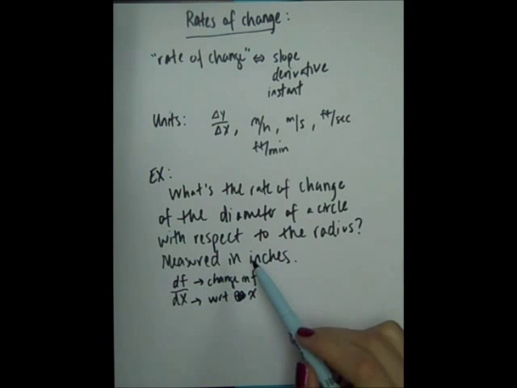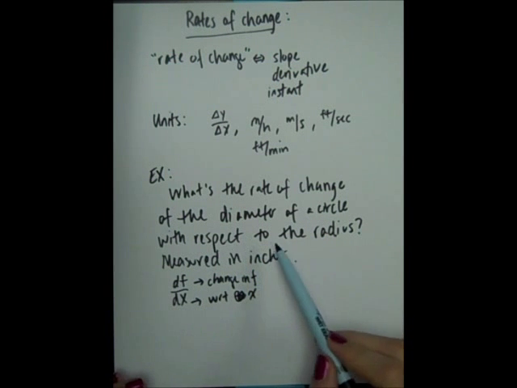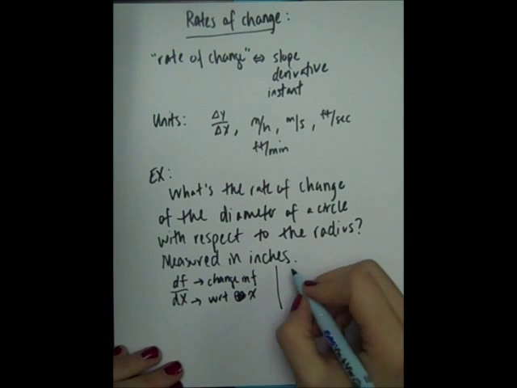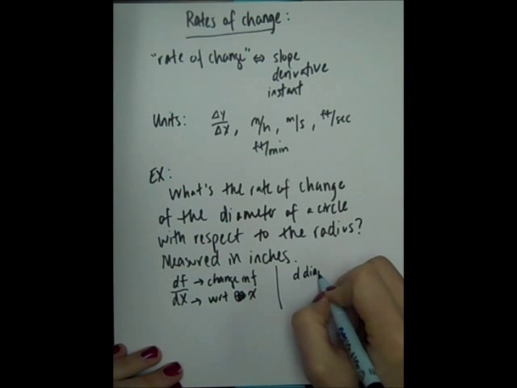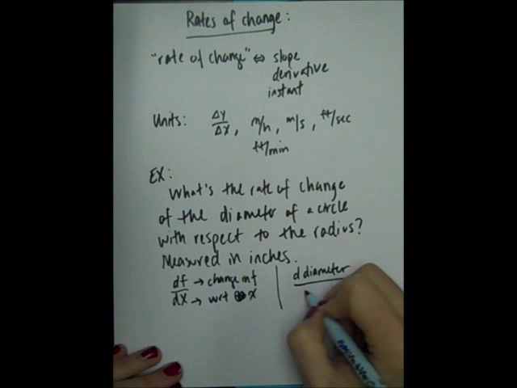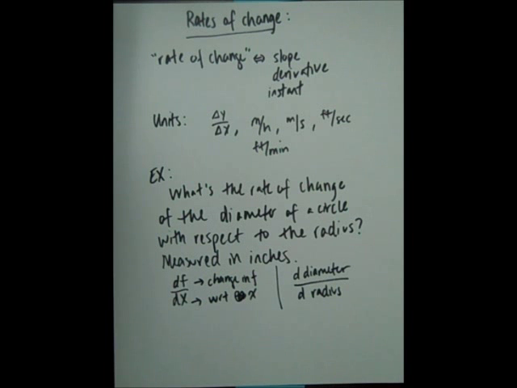Okay, in this problem, we're looking for the rate of change of the diameter with respect to the radius. So in our problem, we're looking for the change in the diameter with respect to the radius. Hopefully we can see that that's what we're looking for. So in general, the notation is df dx, meaning the change in something with respect to whatever's in the bottom.